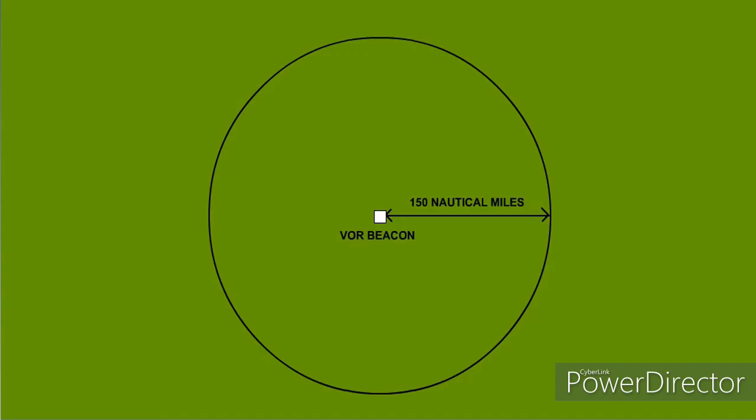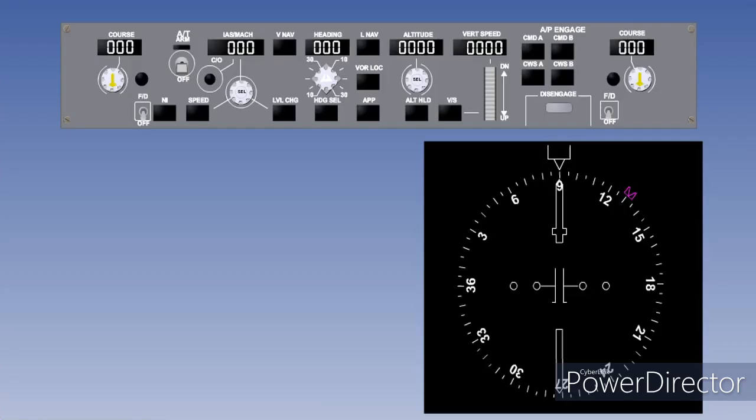A VOR beacon is a ground-based radio navigation aid, which transmits information continually on a VHF frequency, having a range of around 150 nautical miles. VOR stands for VHF Omnidirectional Radio Range. The VOR receiver in the aircraft receives the transmission and converts the radio signal into range and bearing displays on the navigation display, or HSI.